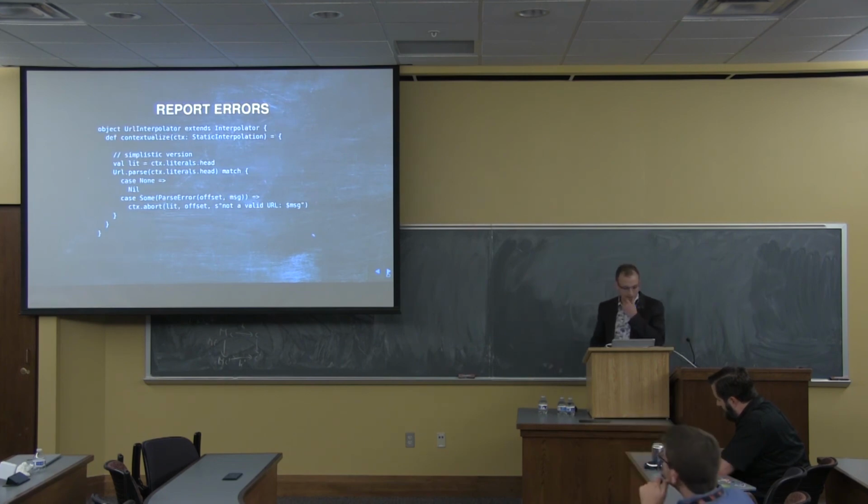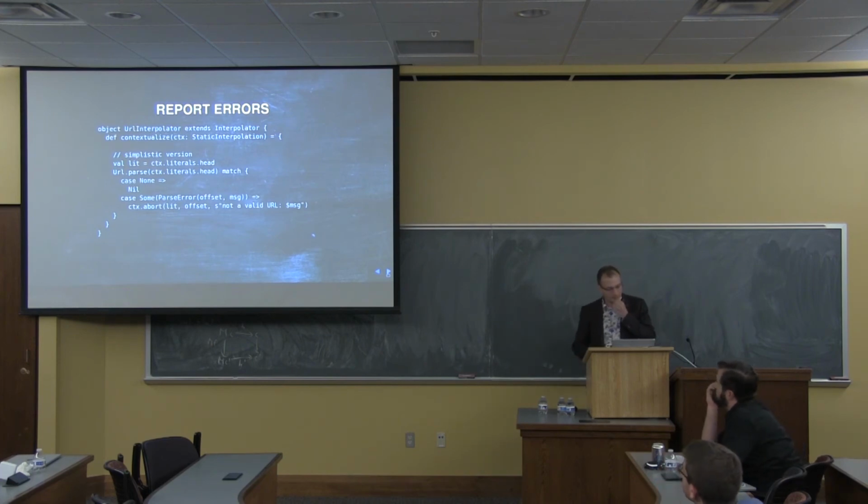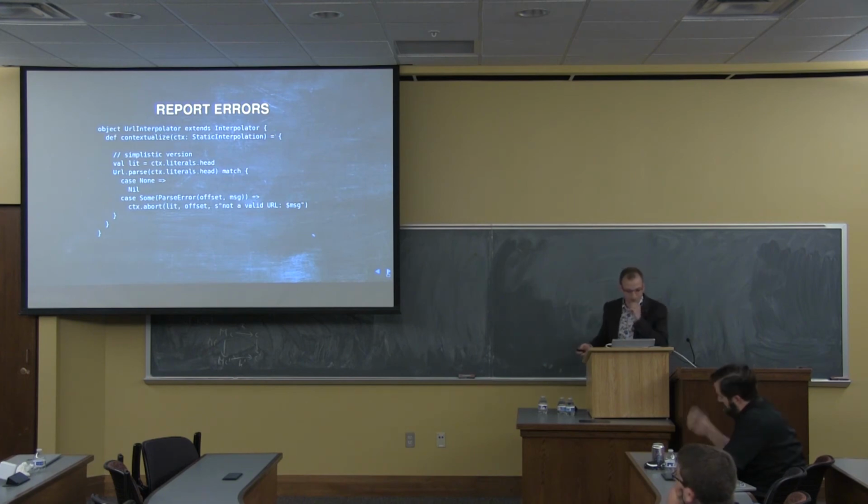Oh, I did actually provide a simple example. If something does go wrong, like if you find an error, you want to tell the user. So I've written what I've described as a simplistic version. I'd forgotten I'd even done this actually. We take the literal of the head.